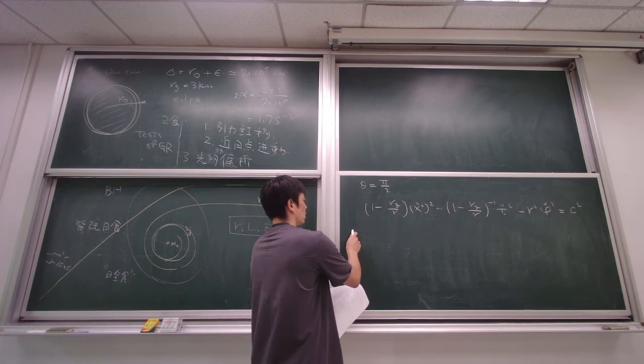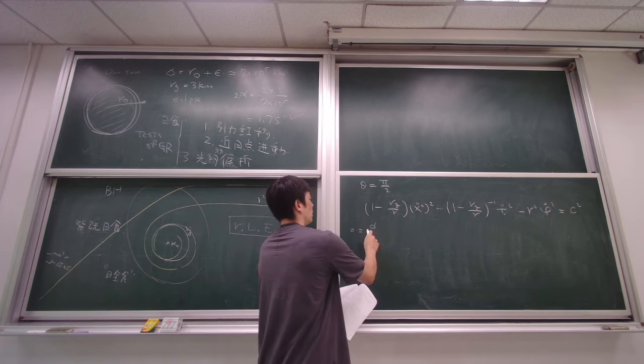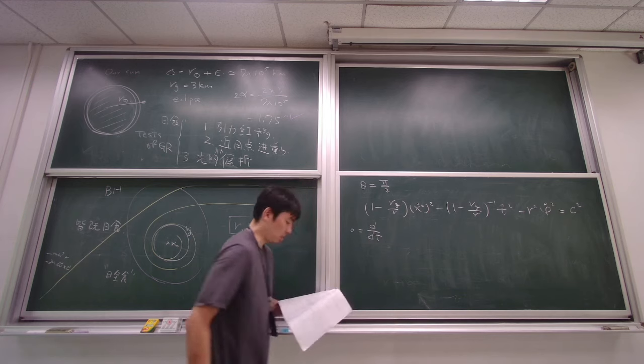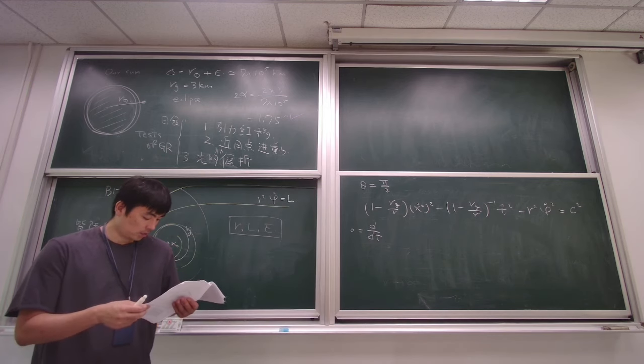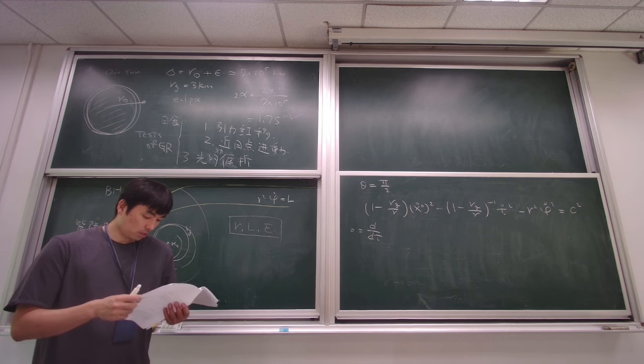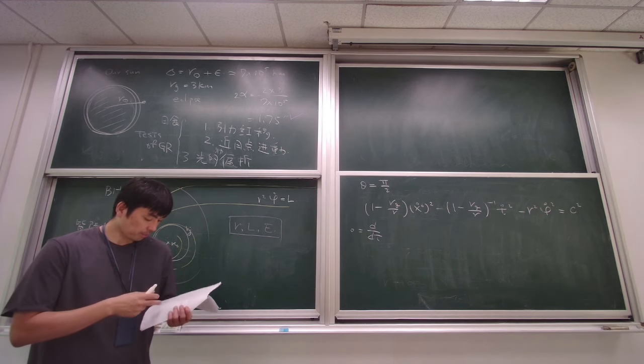Again, dot means d/d tau, proper time, because we consider a particle with some mass, not light. So we consider this kind of system.